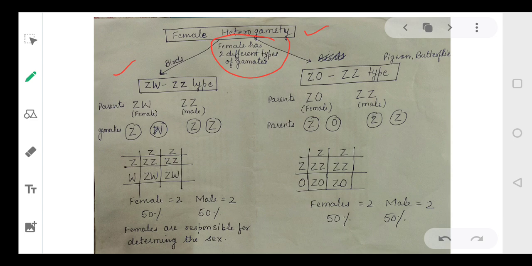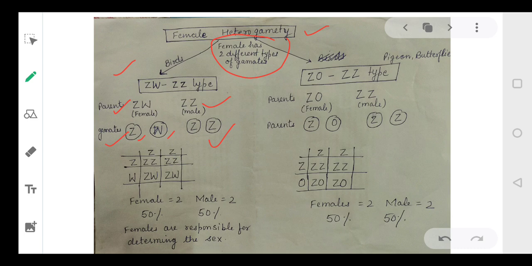इसमें parents होंगे, हमारी जो ZW है that will be the female and ZZ will be the male. So here in this case, female will produce two gametes. One will have the Z, another will have the W. So female produces two different types of gametes. But male will have only gametes that will have Z. Okay.